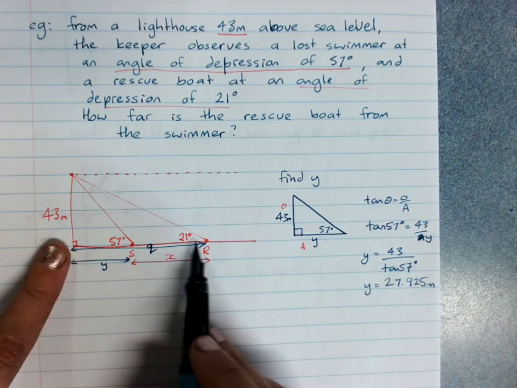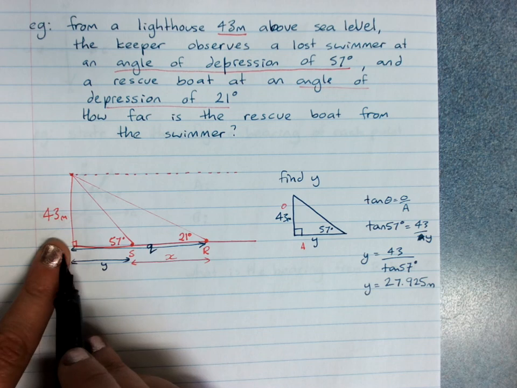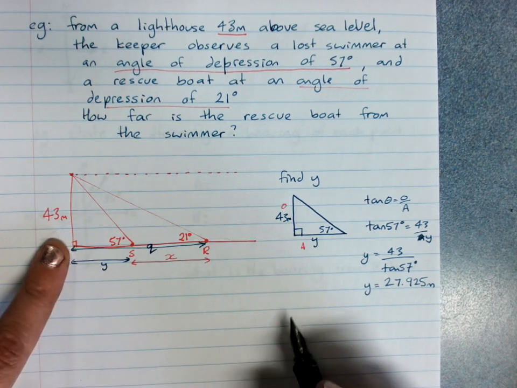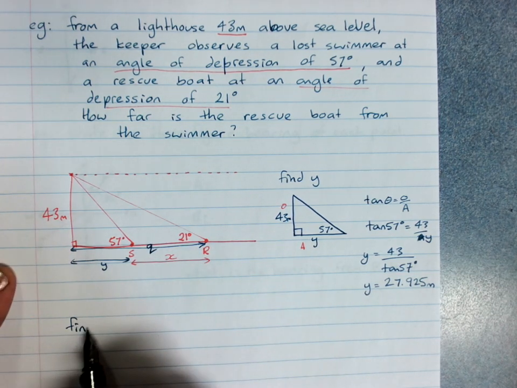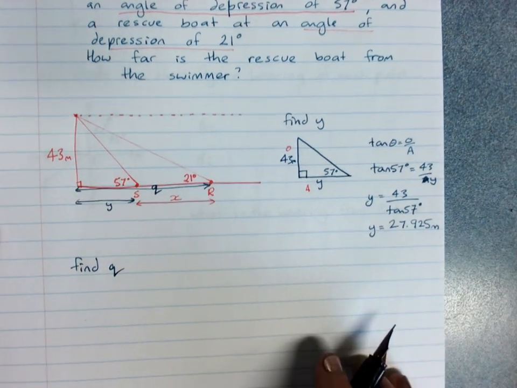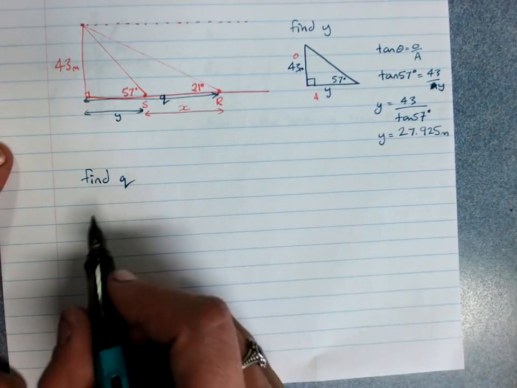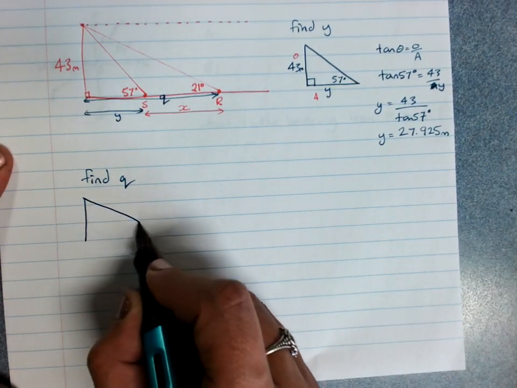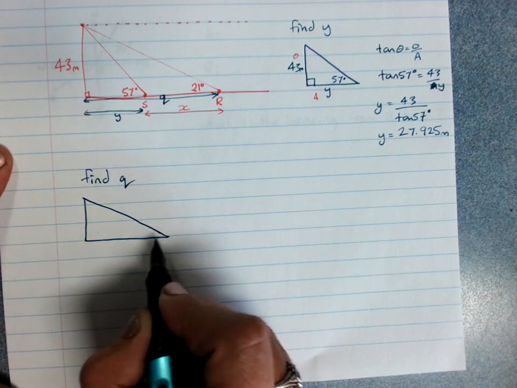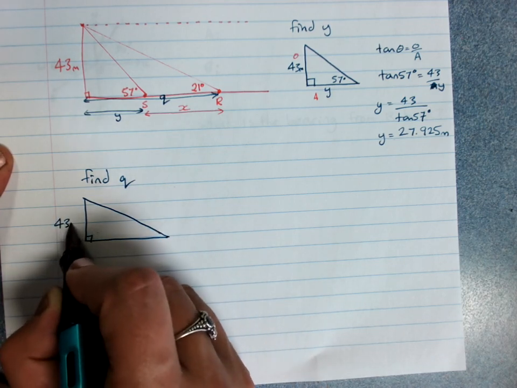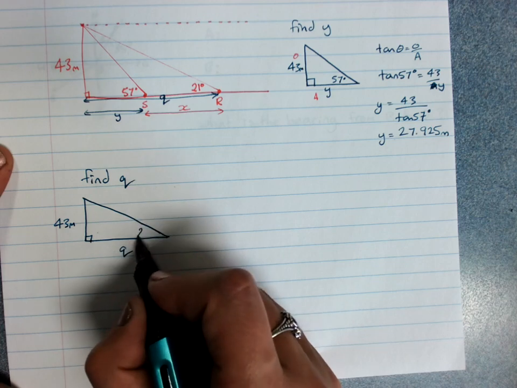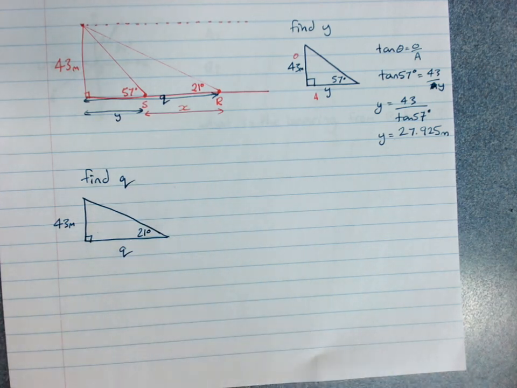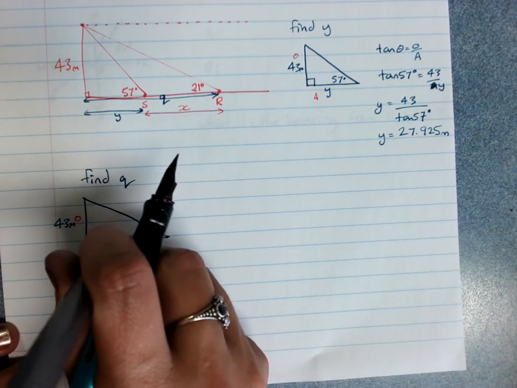So now I have to find q, this distance from the cliff to the rescue boat. Again, it is a really good idea to draw the triangle that you're currently dealing with so you don't get confused. Label your sides.